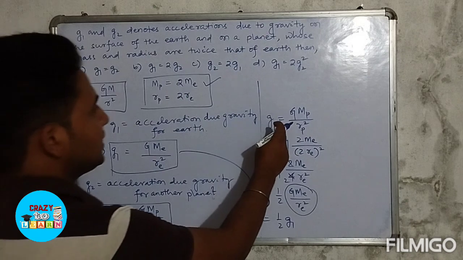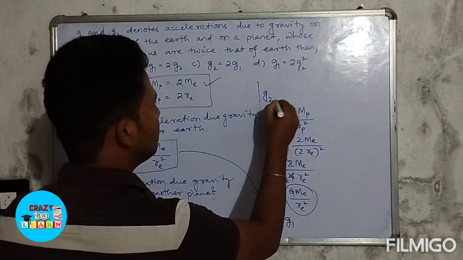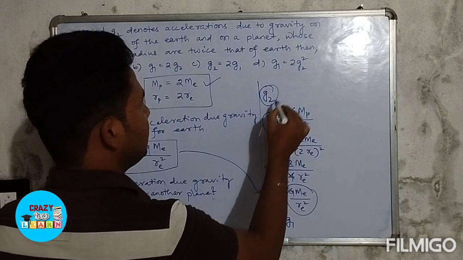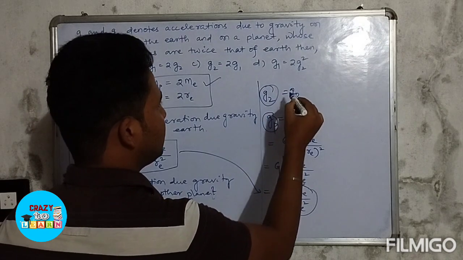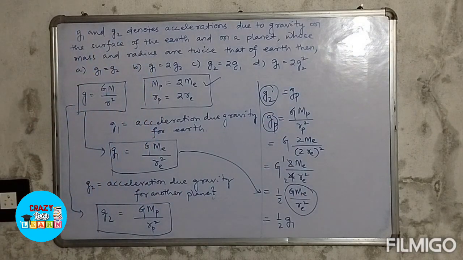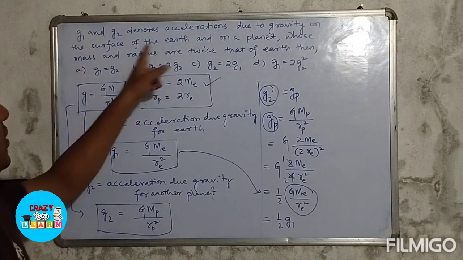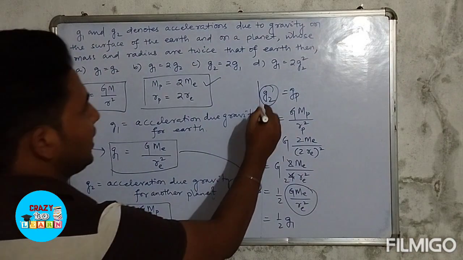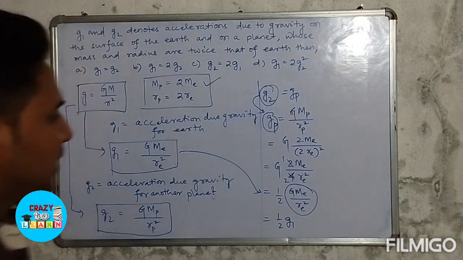And this Gp is equal to G2. As it is given, G2 denotes the acceleration due to gravity on a planet. So directly you can write G2 is equal to Gp, both are the same.